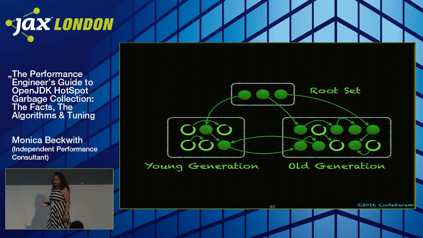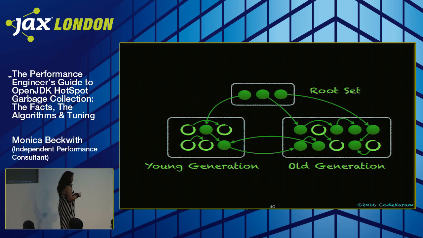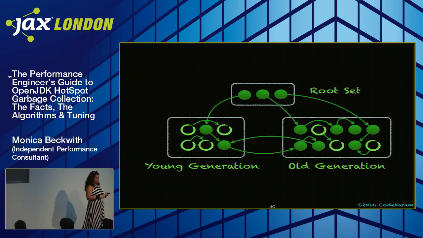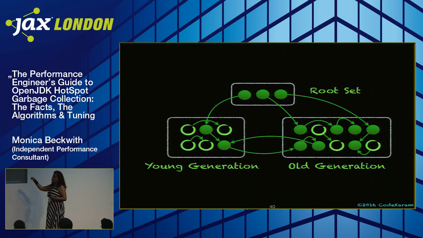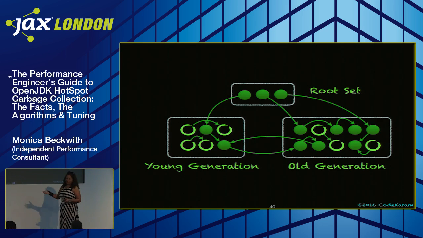What I've shown here is your root set, very simplified, only 3. The way the marking happens is you're tracing from the root set. The solid green are all your live objects that are traceable from the root set, and the hollow green are, unfortunately, the objects that are not reachable from the root set.